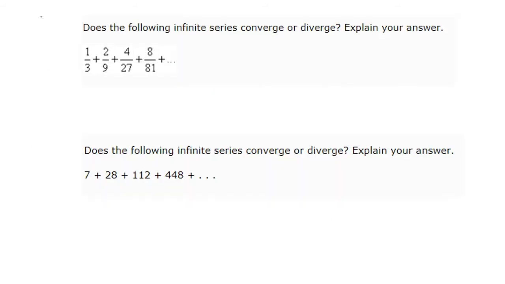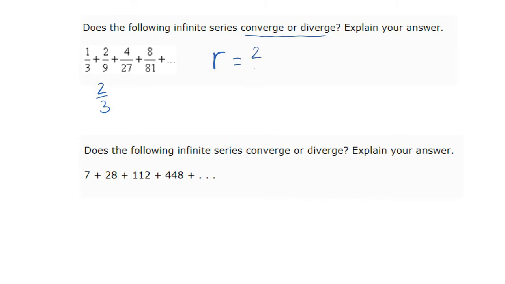What if we just want to identify, does this thing converge or diverge? Well, the key is, what's the ratio? So 1/3 to 2/9. How did I get from 1/3 to 2/9? Well, I multiplied by 2/3. 2/9 to 4/27, 2/3. Yeah, that would work, right?